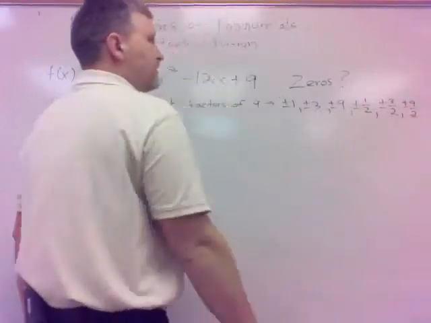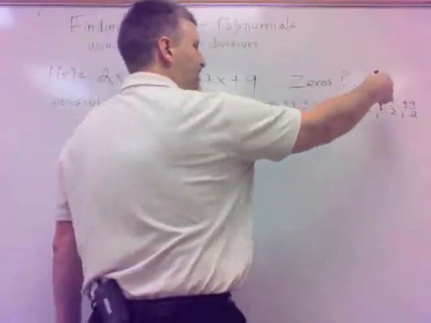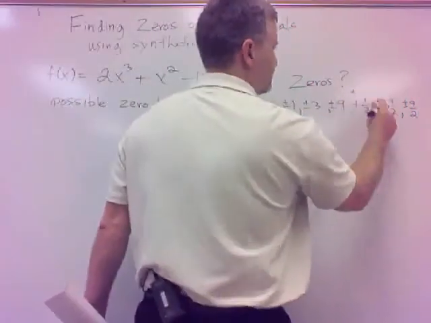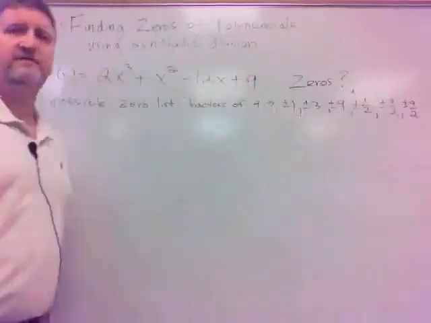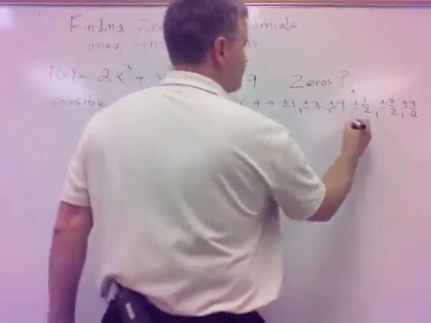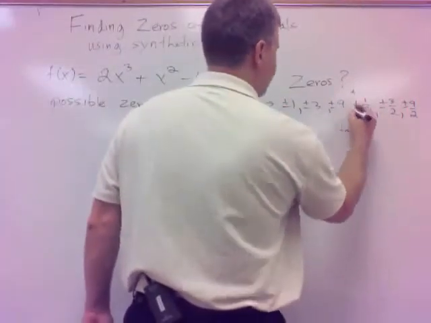So that's factors of the constant. Sometimes they list it as P over Q or something like that. Those are also potential factors, which, like I said, you don't usually have to get into the fractions, but that's how you can get the fractional potential factors. So this is factors of 9 divided by factors of 2.